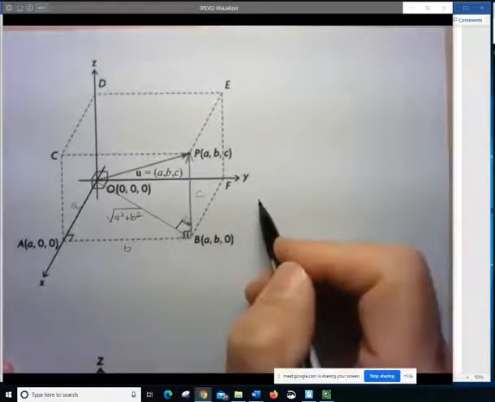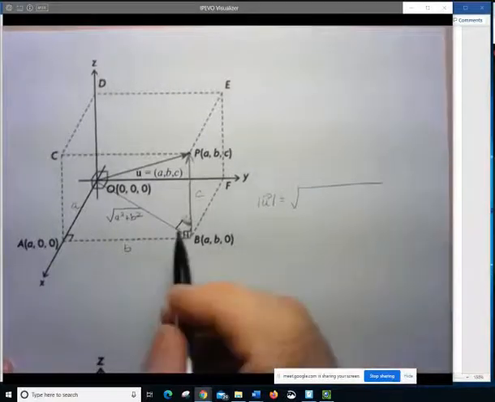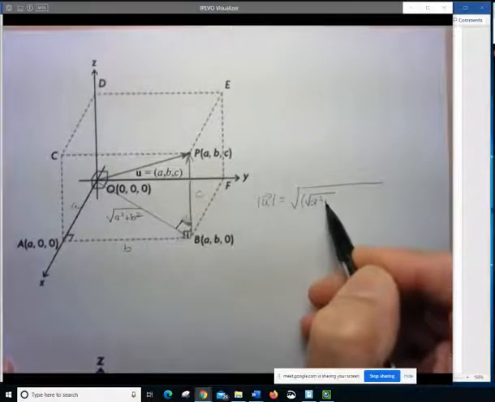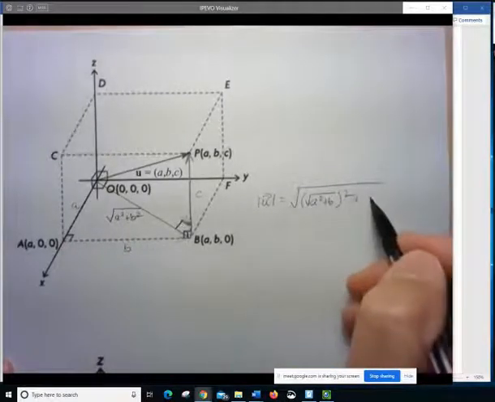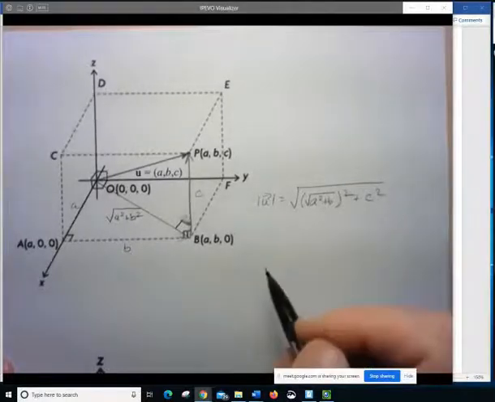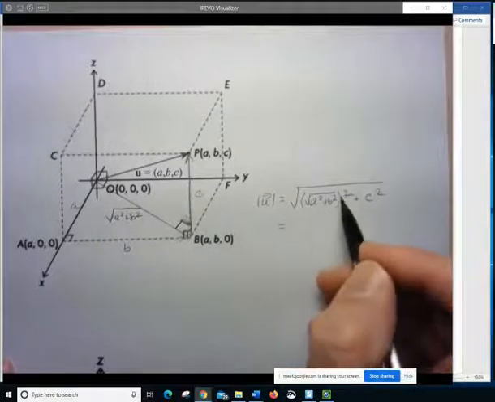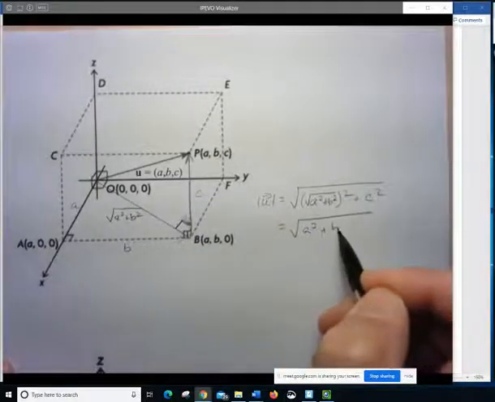So if I want to find the magnitude of U, well, it's just the square root of the square of one side, plus the square of the other side, and of course the square root of a squared plus b squared is just a squared plus b squared.